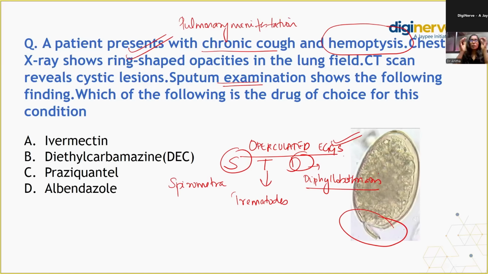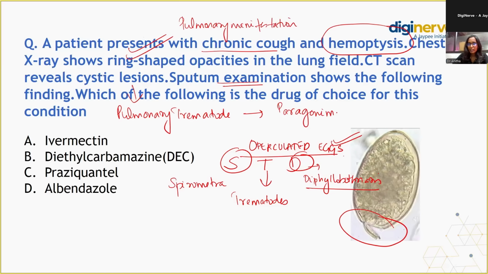So here the question is very straightforward. Chronic cough with hemoptysis is caused by a pulmonary trematode, which is nothing but Paragonimus westermani.